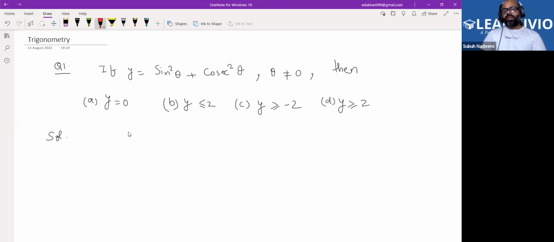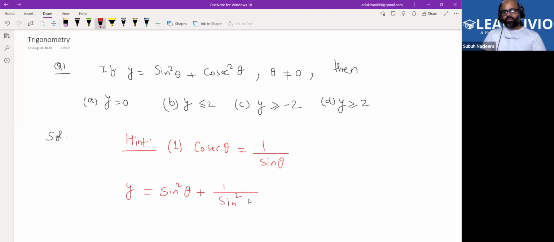Okay. So I will give you a hint first if you are trying to do this question. One hint is that this cosec theta here, isn't this the reciprocal of sine theta? Yes, sir. So first change this like this, that this is sine square theta and cosec square theta is 1 by sine square theta. Then proceed. Okay, sir.